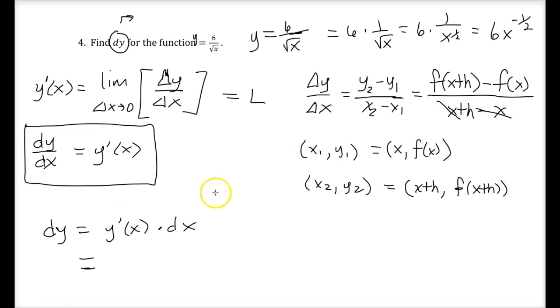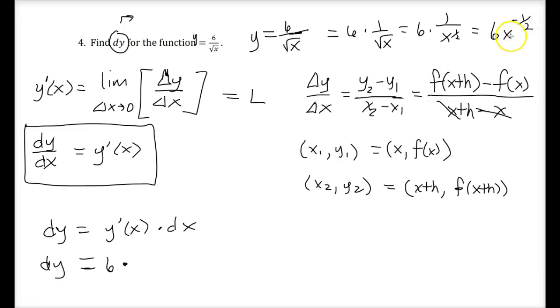And so from here, all we're asked to do is to take the derivative of y with respect to x, which we have here, and then multiply it times dx for our answer. So if we take the derivative of 6x raised to the 1/2, then of course, we know we have 6, that's the constant that we can pull out.